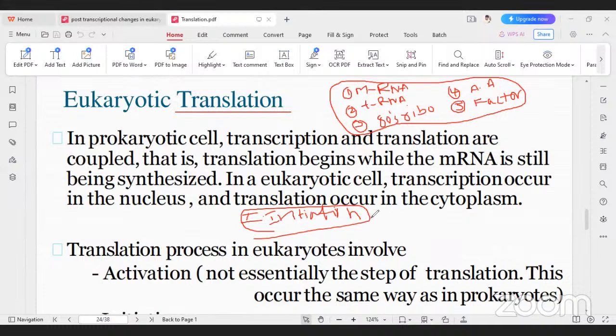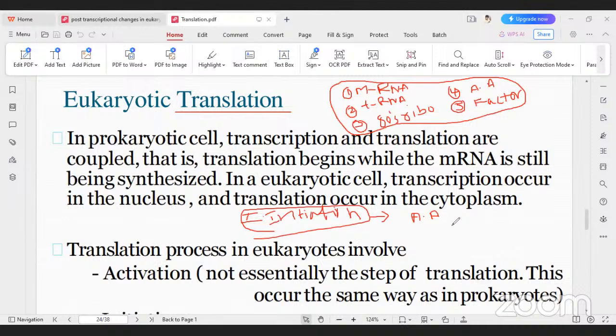First, in the initiation process, amino acids need to be activated. There are 20 different types of amino acids present in the cytosol, not cytoplasm, cytosol.